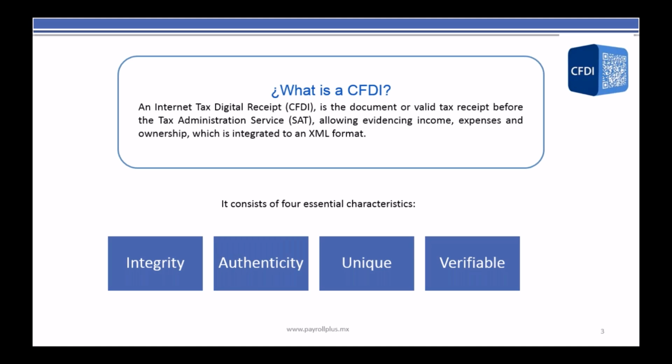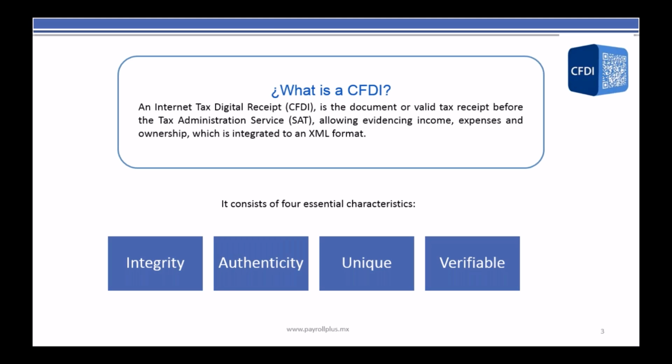Then the other version will be the PDF, which is just an eye-friendly version so everyone can print and understand. But it does not support a tax deduction or a payment or any other thing. It's important to make sure that we always keep the XML.